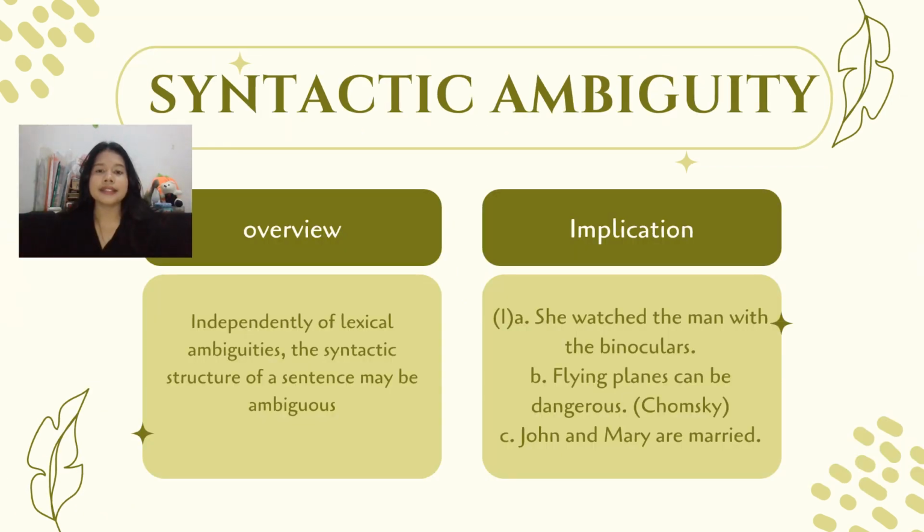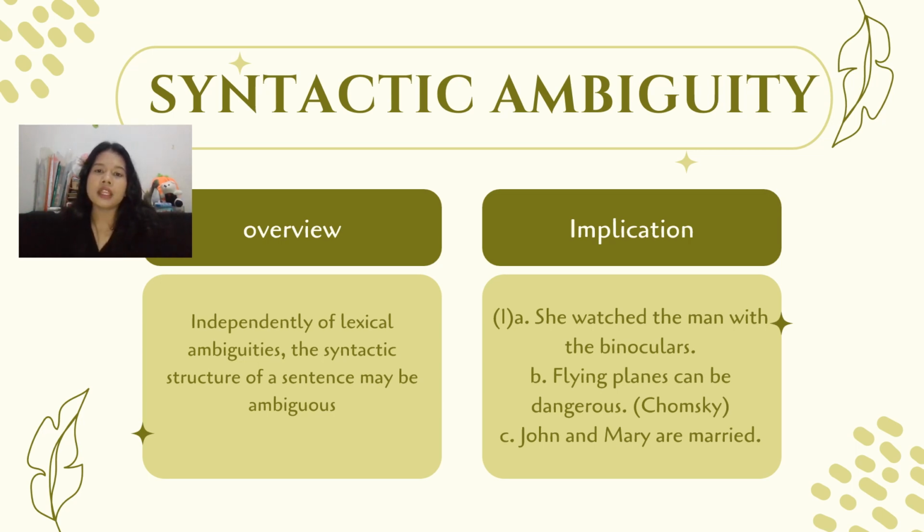Next is syntactic ambiguity. For the overview, independently of lexical ambiguities, the syntactic structure of a sentence may be ambiguous. There are three examples here. The first is: she watched the man with the binoculars. The prepositional phrase is with the binoculars.